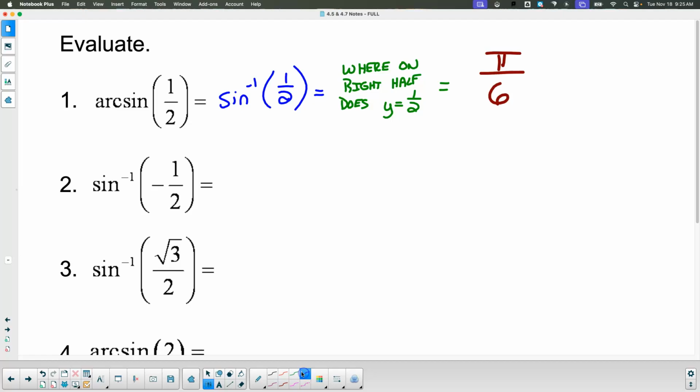Inverse sine or arc sine of -1/2, I'm saying to myself, where on the right half of the unit circle is sine or y equal to -1/2? And where is that?